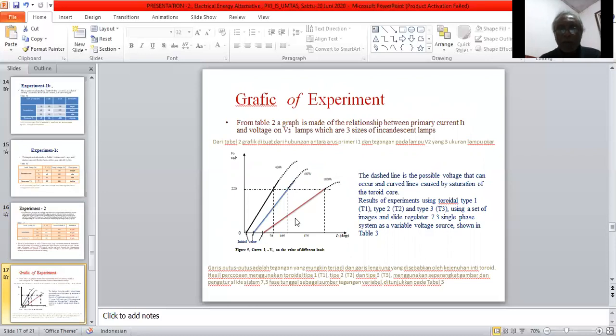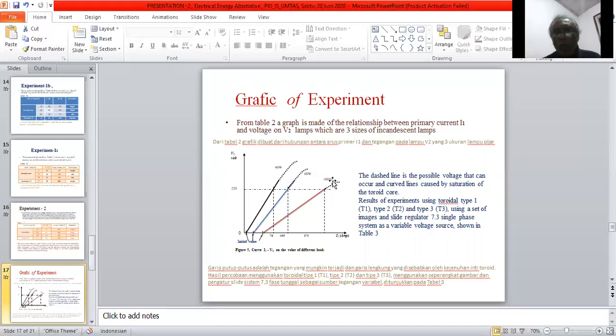We can see that from table 2, a graph is made of the relationship between primary current I1 and voltage V2 on the lamps, which are type 1 toroid or incandescent lamp.